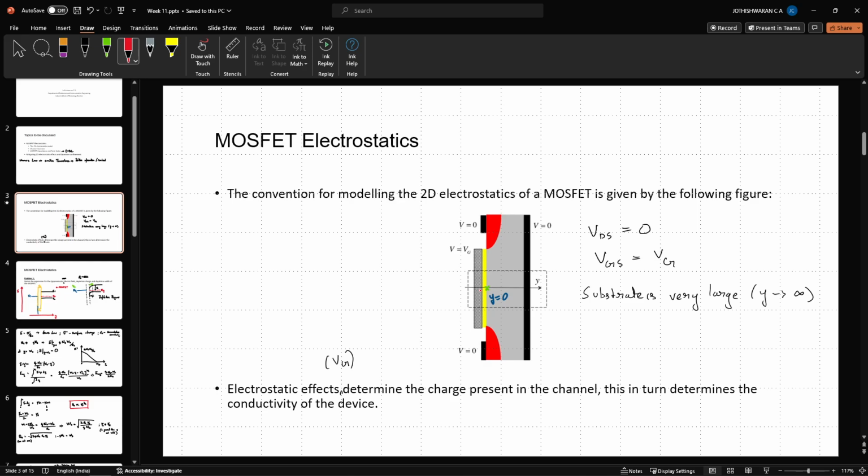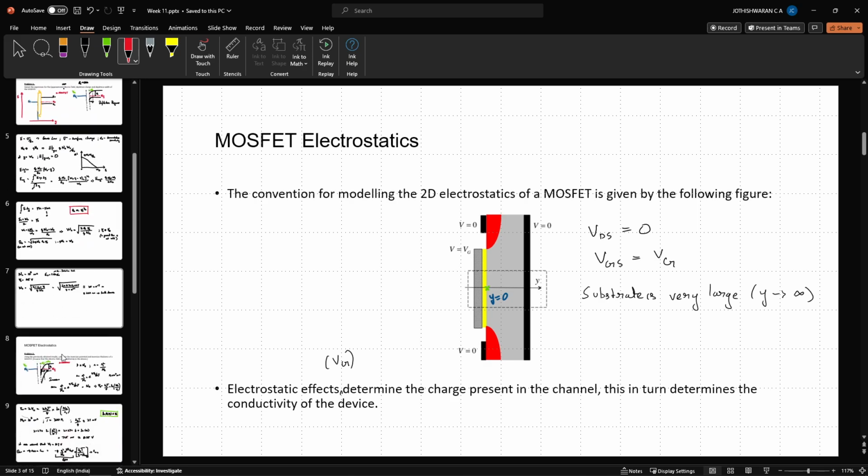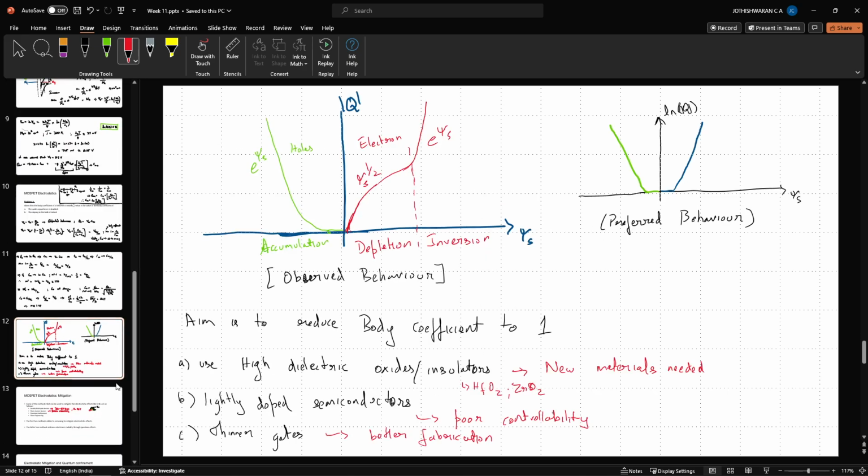Our aim now is to ensure better gate performance, so one or more of these techniques should be adopted. We need lightly doped devices, or high dielectric insulators, or thinner gates, for better gate performance.